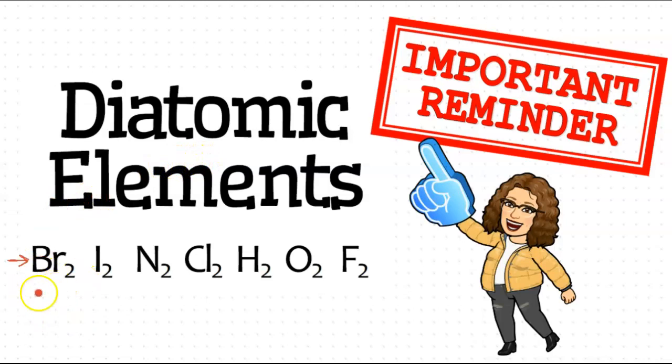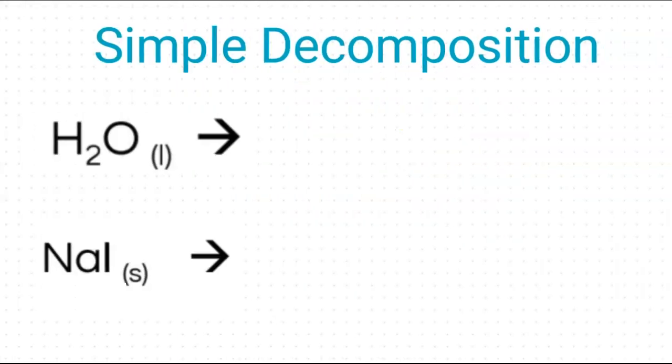But the elements that make up Brinkelhoff are bromine, iodine, nitrogen, chlorine, hydrogen, oxygen, and fluorine. Any of those 7 that wind up by themselves have to be written with this subscript 2. They have to have 2 atoms together in order to be stable. So keep that in mind as we go through some of these very simple practice problems.